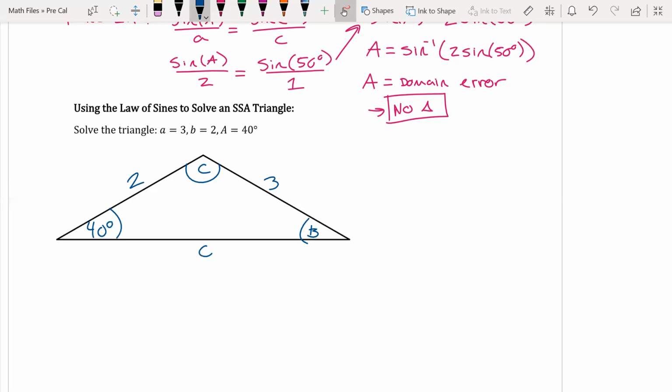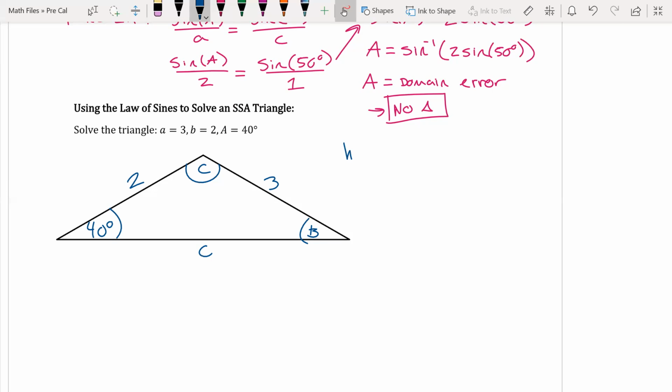Okay, so what we're going to do here is, since we are given a side A and angle A, we can actually now check our ambiguous cases. So what we want to know is do we actually have a triangle? And the first thing we want to find out is the height of this triangle.